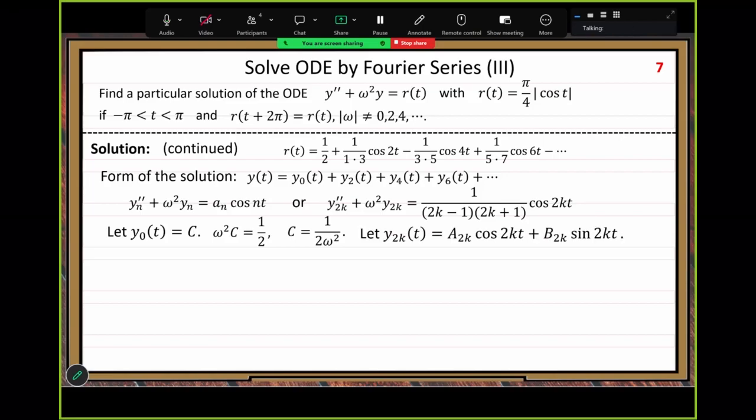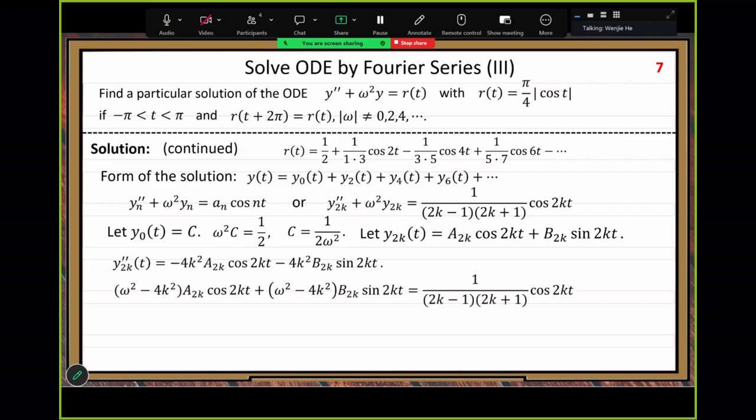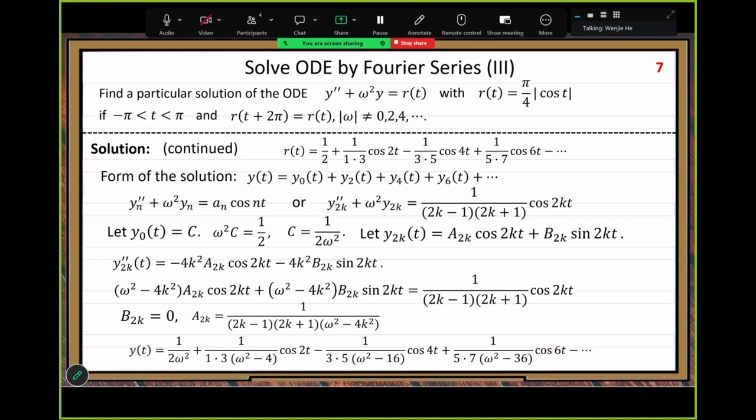For the general term, we need to determine capital A and capital B. We do the calculation, and capital B equals 0, and capital A we can find as some expression. Then we can write our final solution.